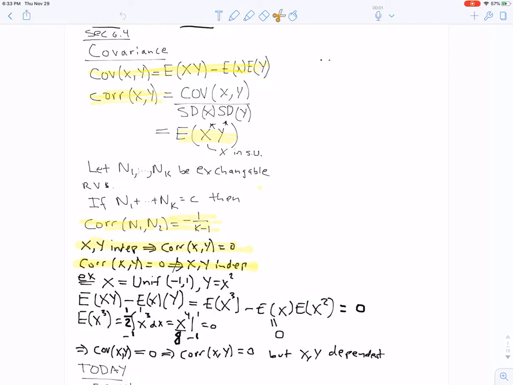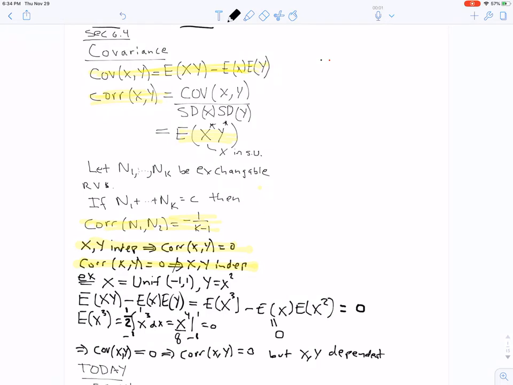If the correlation is 0, then X and Y need not be independent. For example, if X is uniform on minus 1, 1, and Y is X squared, then clearly Y is dependent on X, but the expectation of XY minus expectation of X times expectation of Y is 0, because X cubed and X are both odd functions.